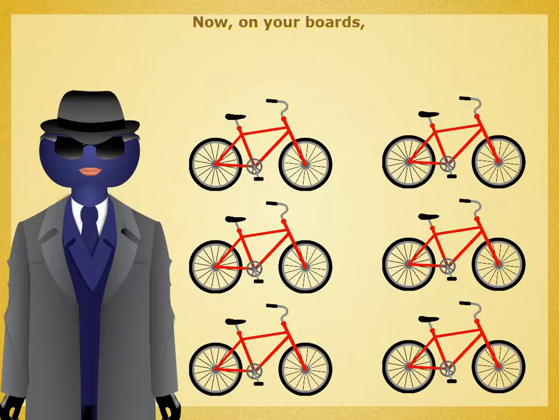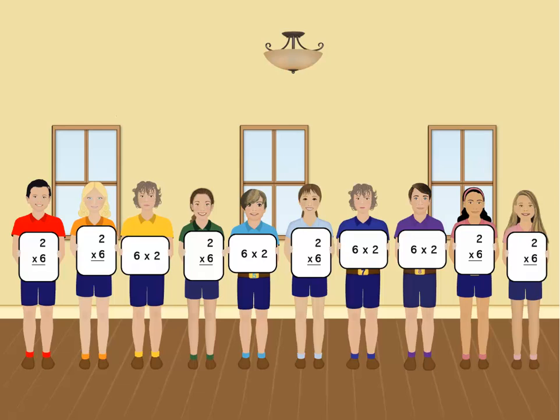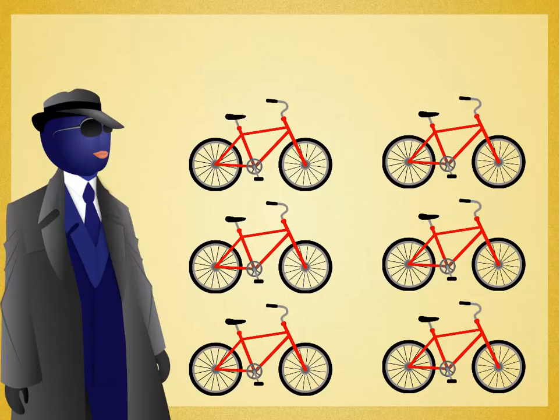Now, on your boards, write the code for this operation, and show me your code once you have it. Nicely done, recruits. Now, I know you're probably bursting out the seams to tell me the total number of wheels, but that's not what I'm looking for.